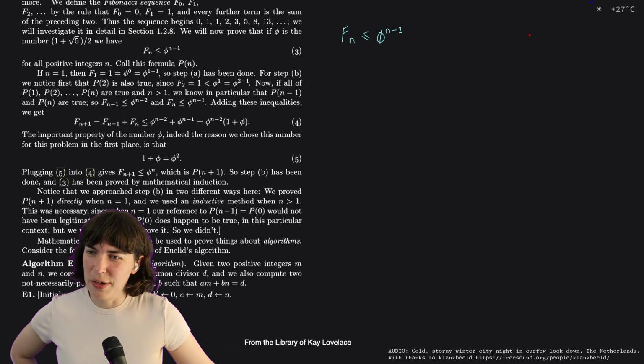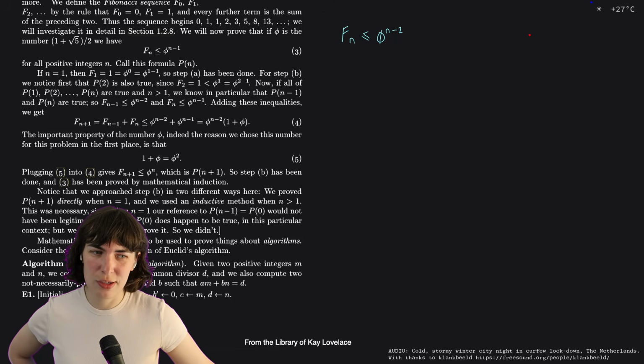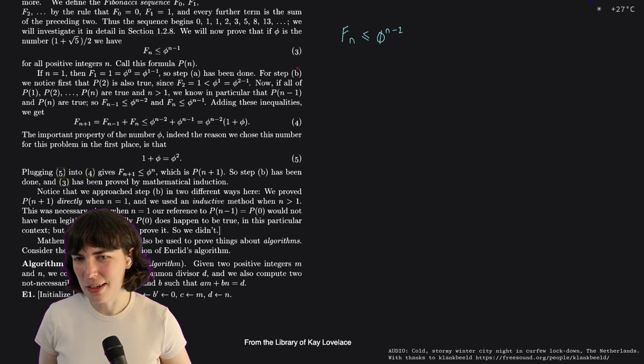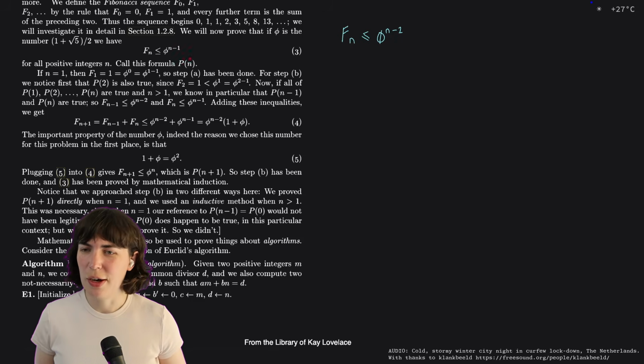Okay, if n equals 1, then F1, which is of course going to be 1, which is going to be phi to the power 0, which is going to be phi to the power 1 minus 1. Is he basically just saying here... what is he trying to say? Oh, okay, right. He's showing that it's equal.